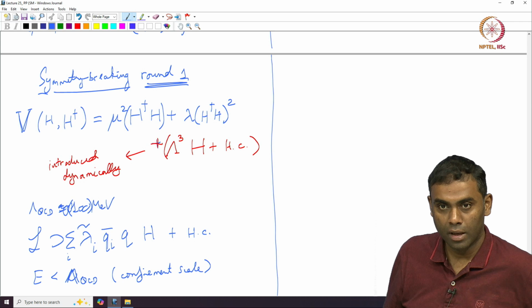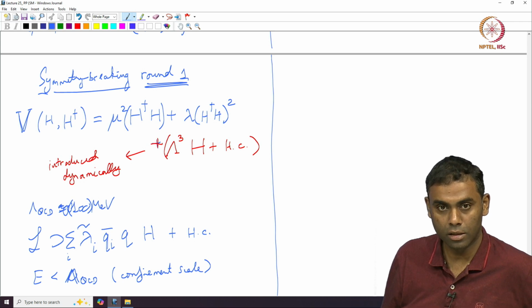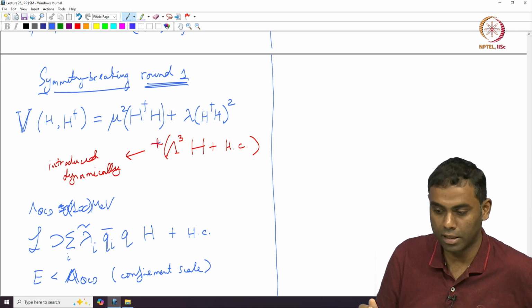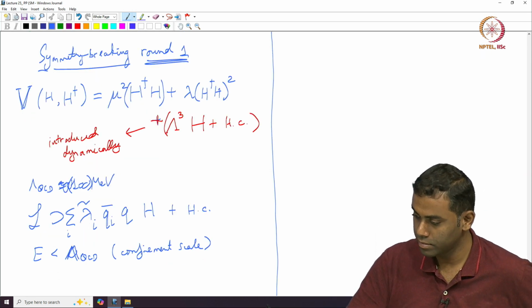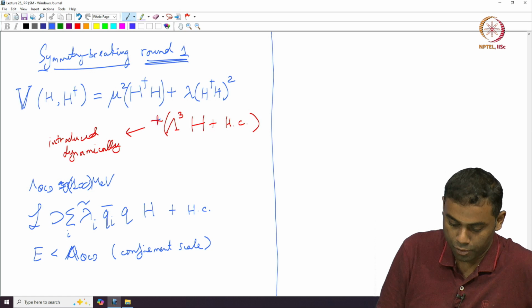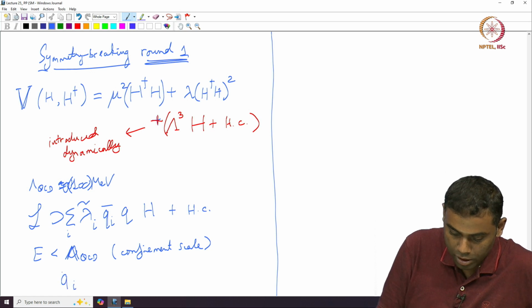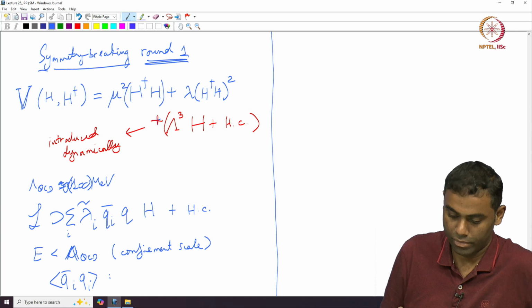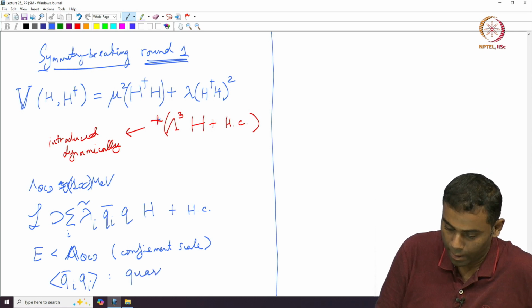There is a phase that the quarks could form, in fact they do form it, okay. The quarks basically, okay, form a condensate, okay, called a quark condensate.